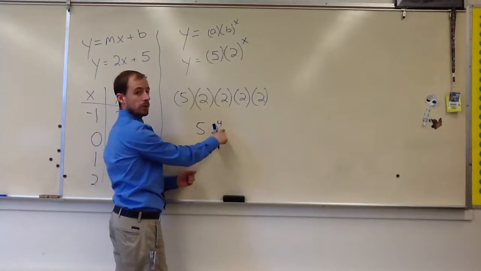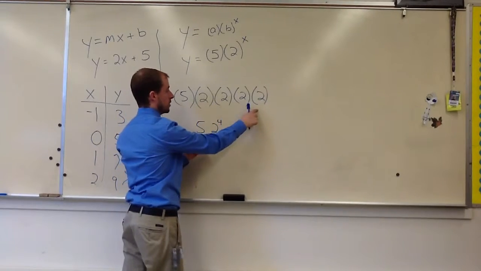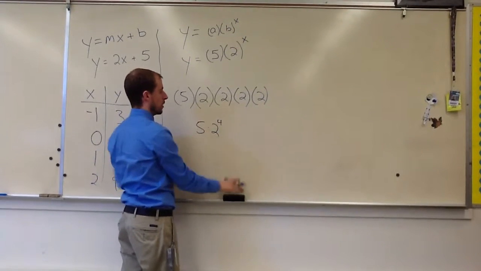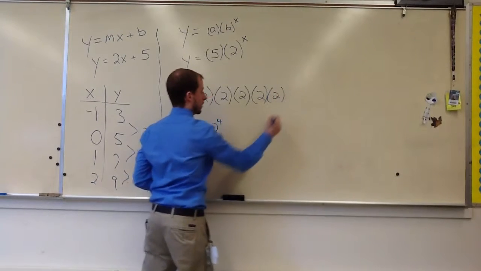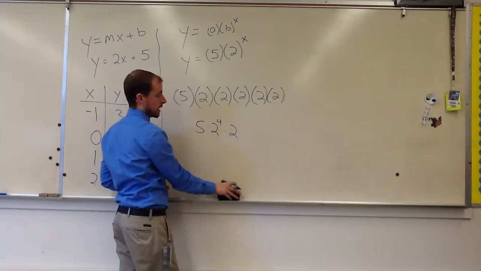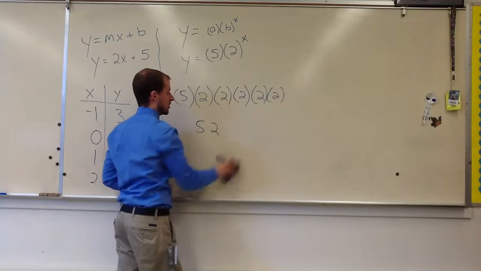Because 2 to the 4th is 2 times 2 times 2 times 2. I did it 4 times. Well, what if I added another 2 on the end? If I just do this times 2, that's the same as to the 5th power.